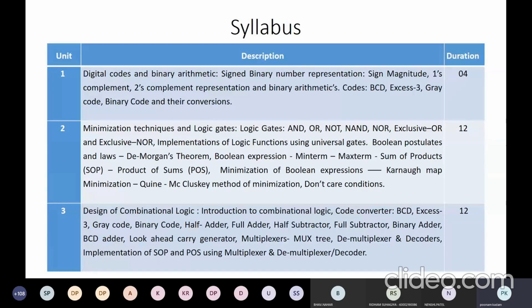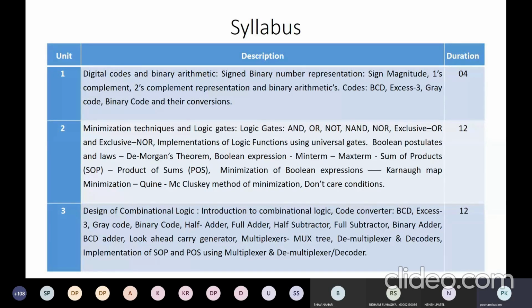So the third unit of this course will cover the design of combinational logic circuits. You will learn how to design various combinational logic circuits such as code converters, adders, and some kinds of fast adder circuits.